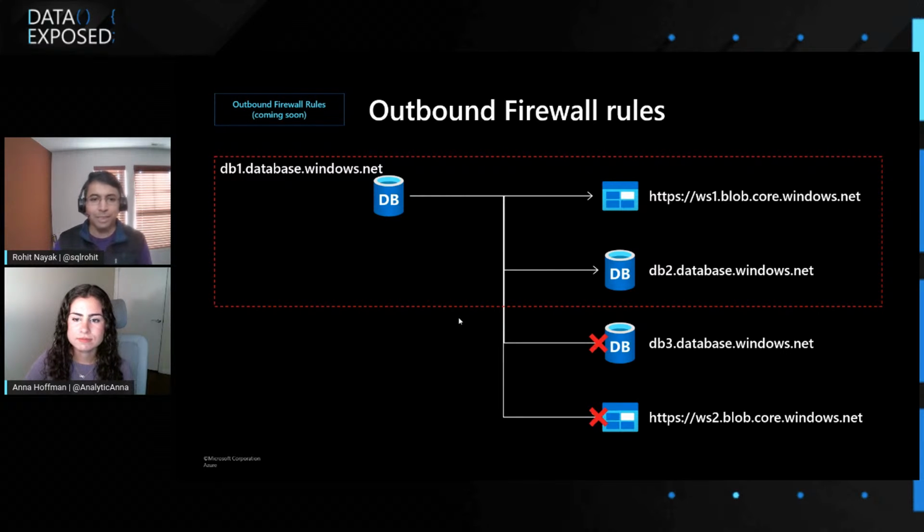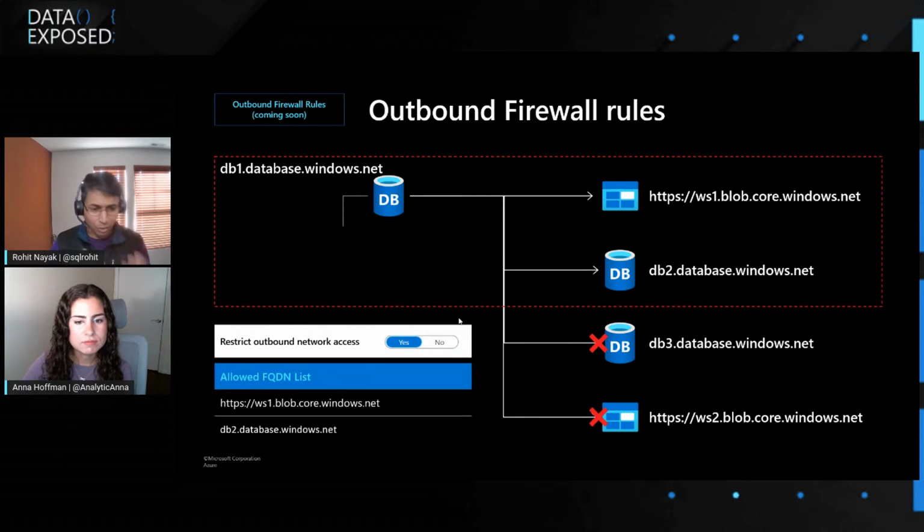And why is this important? It's because this is a form of limiting network traffic, and it's a form of data exfiltration prevention. That way you prevent movement of data outside of this bounding box, so you only interact with storage accounts or databases that you own or have given permission to.